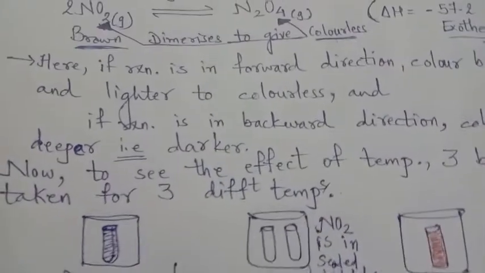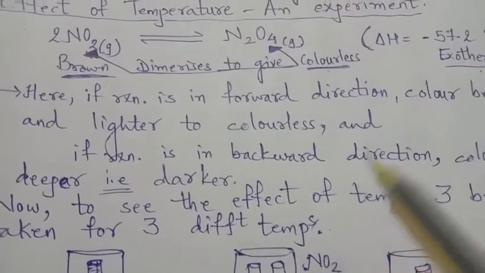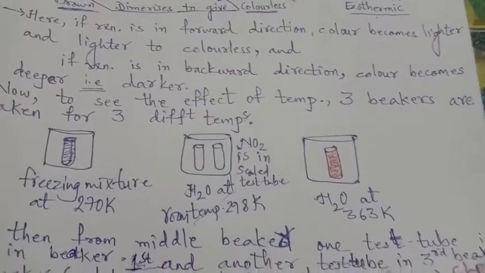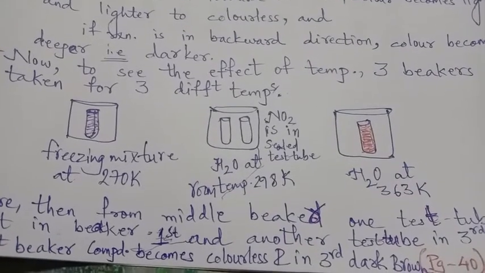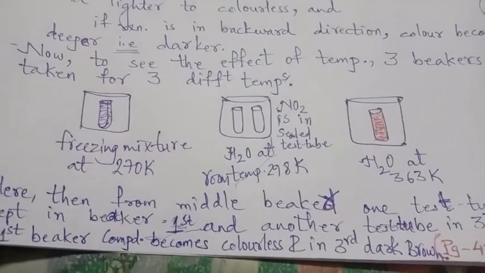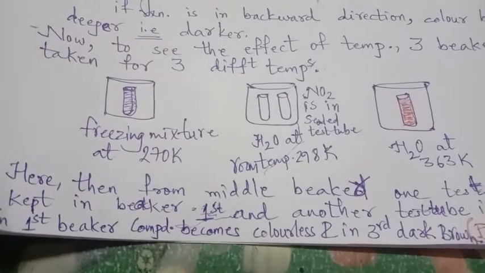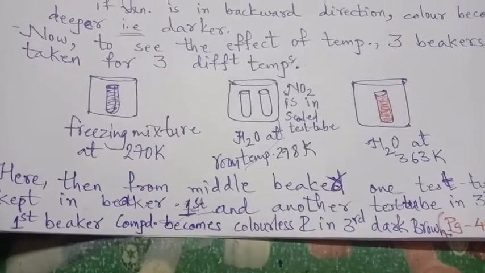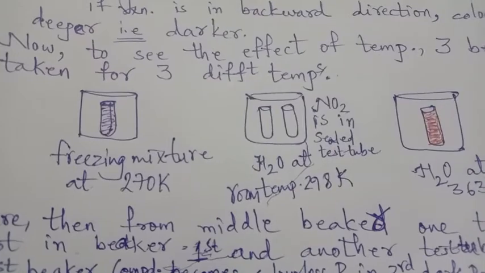And now we will see experimentally how this works. To see the effect of temperature, first of all, three beakers are taken at three different temperatures. First is taken where freezing mixture is kept at 270 Kelvin. Second one is having water which is heated at 298 Kelvin.